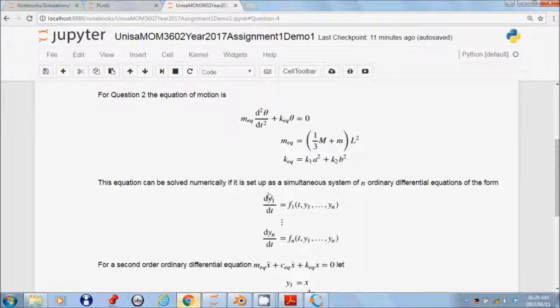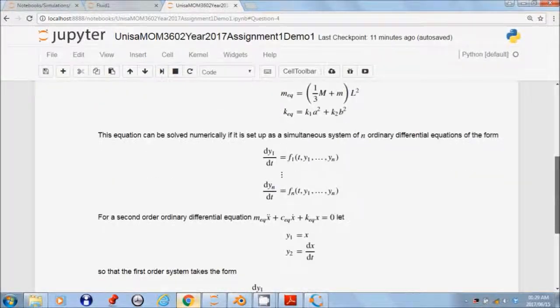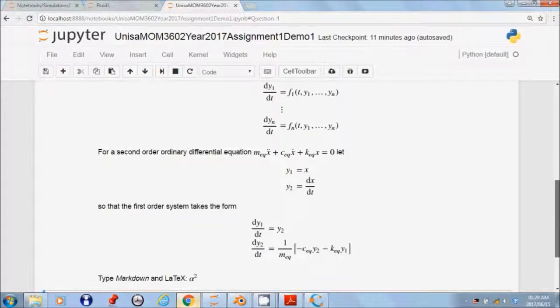We would have two simultaneous differential equations, and the trick is to define the parameters as a derivative of other parameters. So for example, if we have this particular equation, we'd create a new dummy variable y1 as the original variable, and then there'd be a y2, which would be the derivative of the previous dummy variable, and so on and so forth, all the way up to 1 less than the highest order derivative.